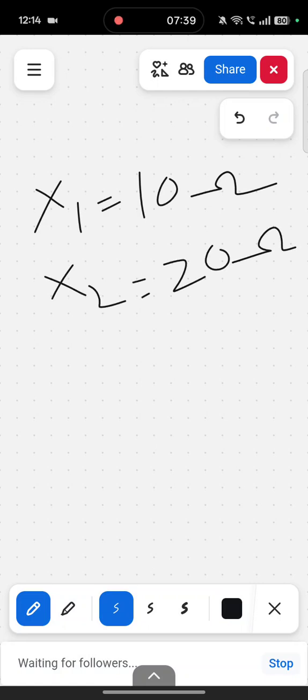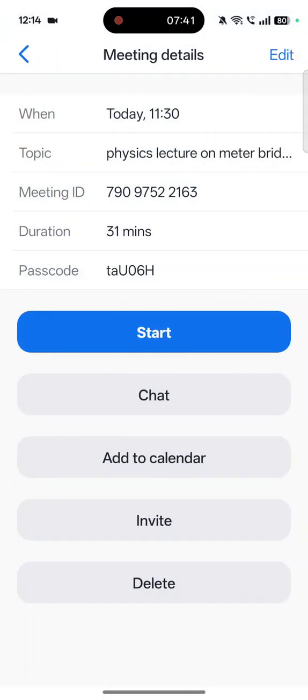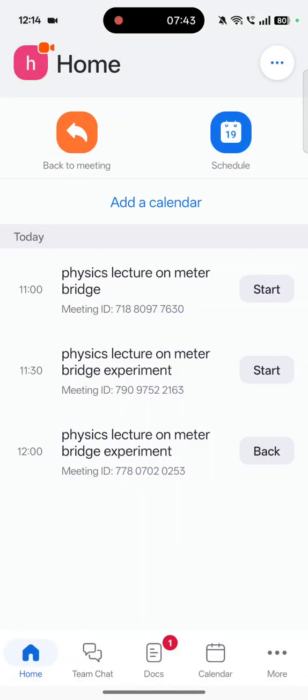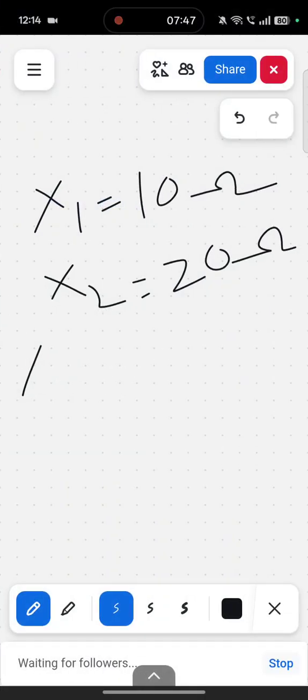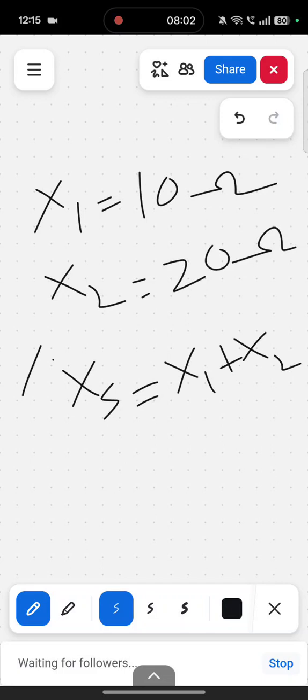When these two resistances are connected in series, the equivalent resistance xs will be the addition of these two resistances, x1 plus x2.